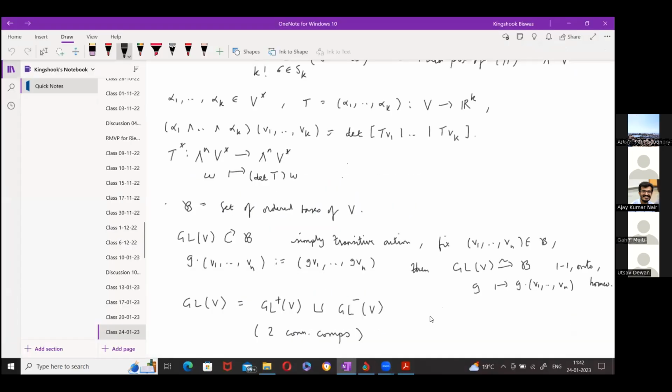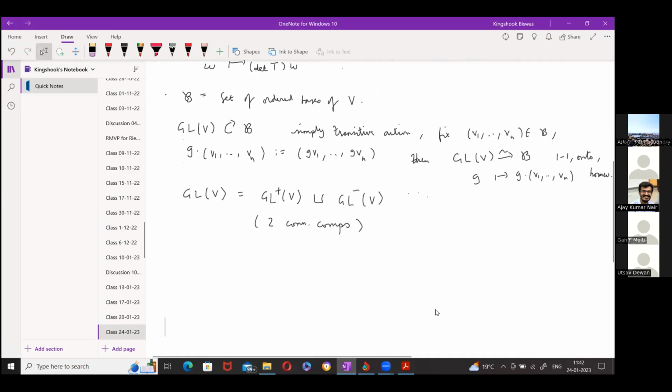Yeah, so we've seen that this set of ordered bases is identified with GLV as a topological space, and GLV has two connected components: the set of matrices with positive determinant and the set of matrices with negative determinant. Okay, you can try and show that these are actually the two connected components of GLV.